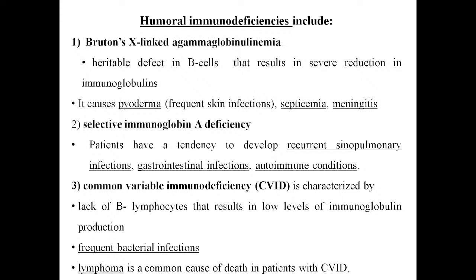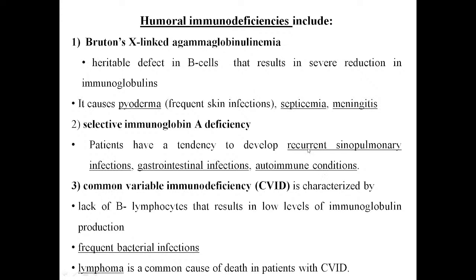So, what happens with patients who suffer from selective immunoglobulin A deficiency? These patients have a tendency to develop recurrent, means frequent, sinopulmonary infections, infections of upper and lower respiratory tract, sinusitis, tonsillitis, pharyngitis, bronchitis, then gastrointestinal infections and autoimmune conditions or autoimmune diseases.